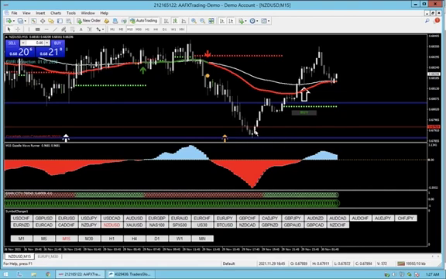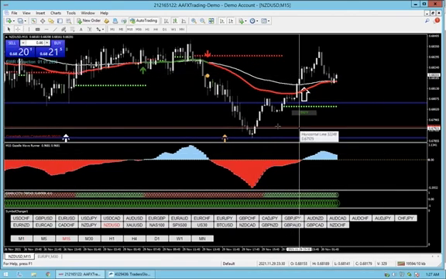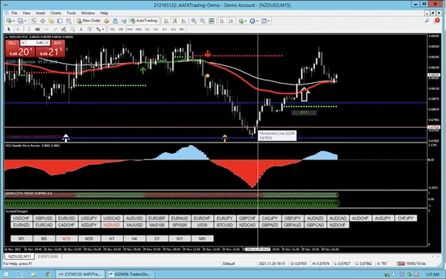Put it behind this structure, and you would already be in great pips at this point. People that trade straight price action, they're not looking for these things to line up. They take that right there and would already be almost 30 pips in profit already, after that engulfing with an entry right there.